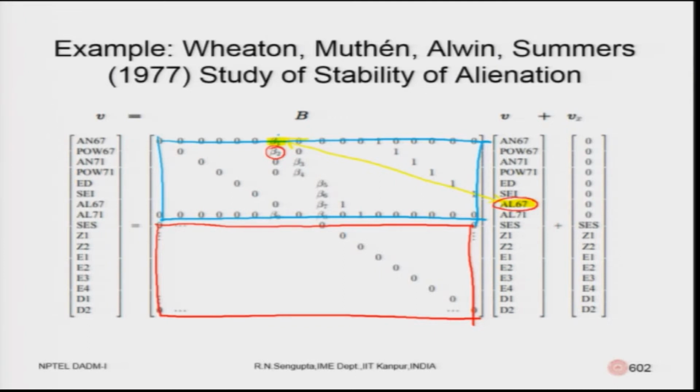So, beta 1, beta 2 and beta 9 would be on the 6th level. 6th level means the 6th entry onto the right, beta 3, beta 4 on the 7th level or the 7th onto the right, and beta 5, beta 6, beta 8 would be on the 8th level onto the right.